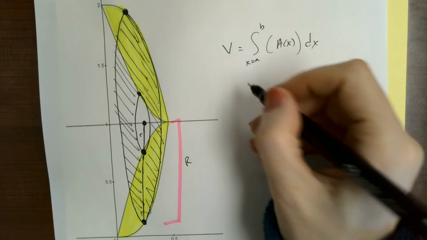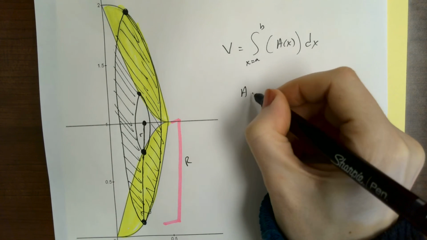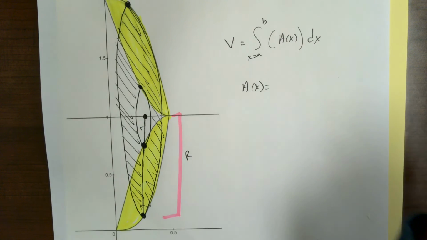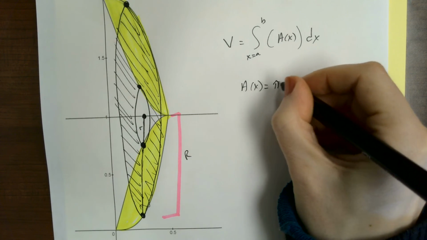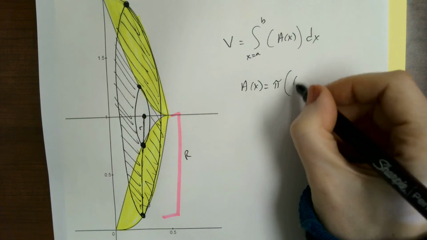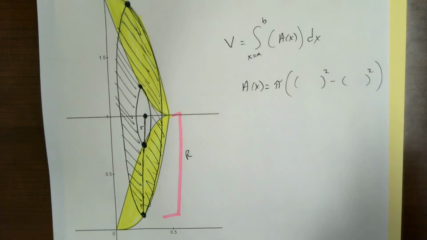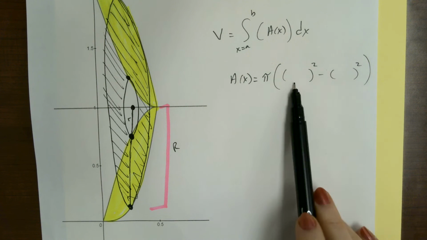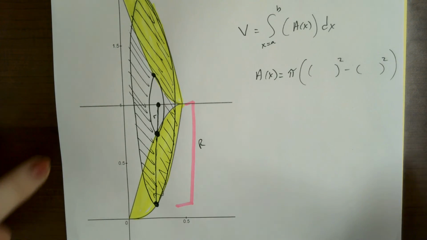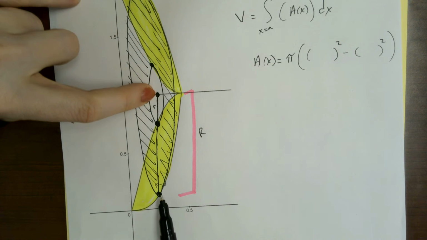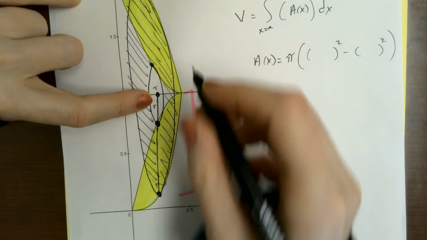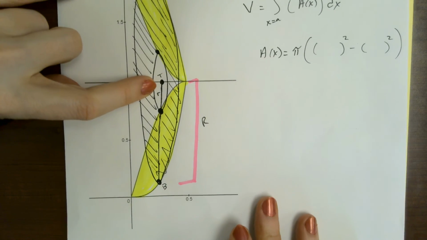Alrighty, now in this case, A of x is going to be equal to pi, and then we're going to have big R squared minus little r squared, and you've got to do top minus bottom for both of them. All right, so for the big R, this is the top, and that's the bottom.